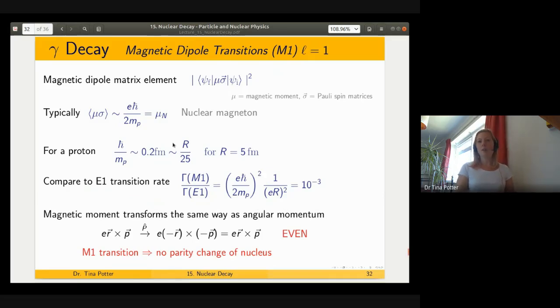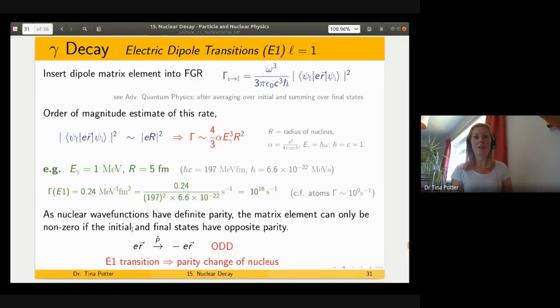Now, if you have a look at the magnetic moment and see how that transforms, it transforms actually the same way as our angular momentum here. So here we have a parity change for R and P. If you remember, I'll just flick back, when we had a look at the parity change for the electric dipole transition, it just depended on R, and so when you change the parity, the sign of R flips.